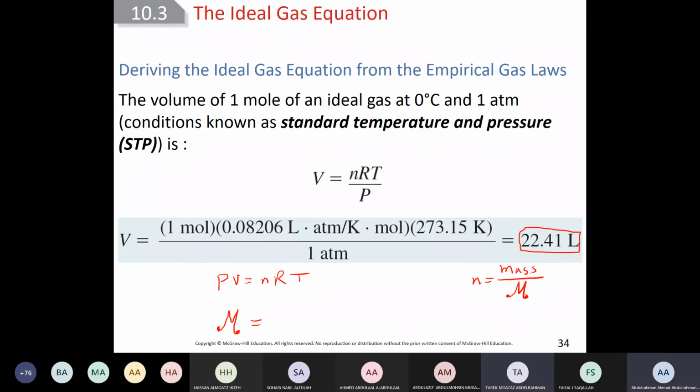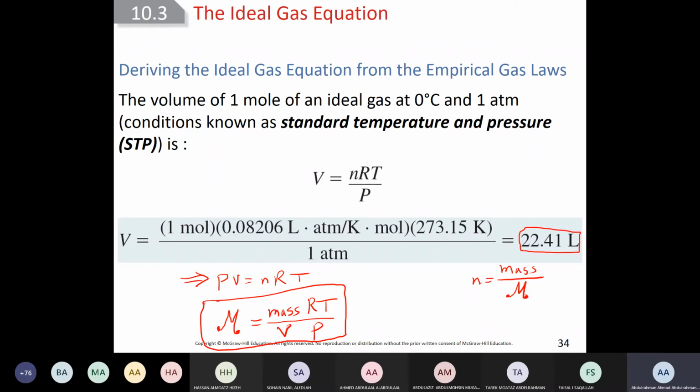Mass times RT over PV. I'll put the P here and the V here, VP or PV, it doesn't matter. Is this clear? I don't want you to memorize this equation, but you should be able to find the molar mass.